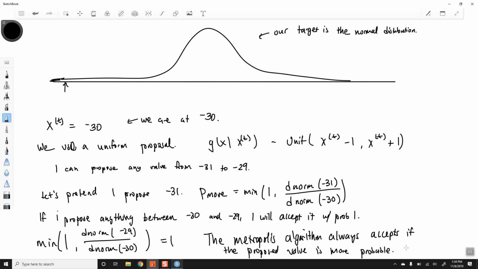Let me talk about the Metropolis Hastings algorithm. All right, so the Metropolis Hastings algorithm does not require the proposal distribution to be symmetric.